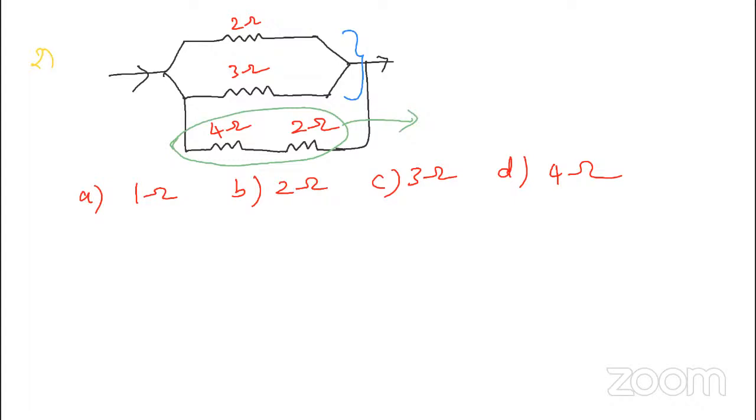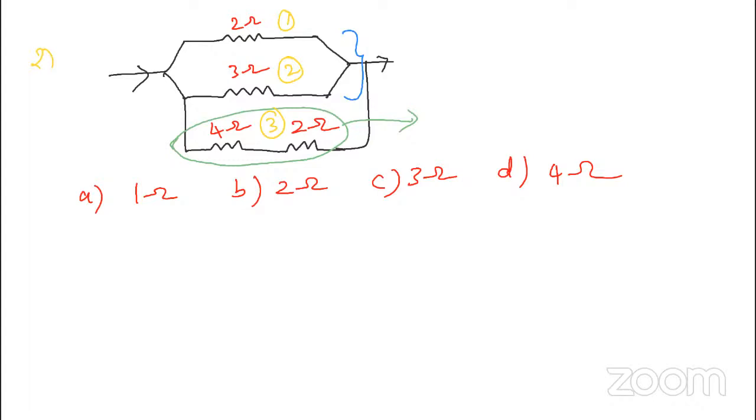Then we have the first resistance, second resistance, and adding these two we have the third resistance. Then we can substitute the parallel formula and calculate the answer.